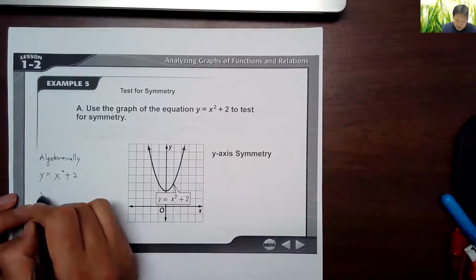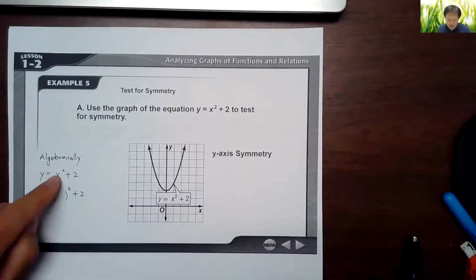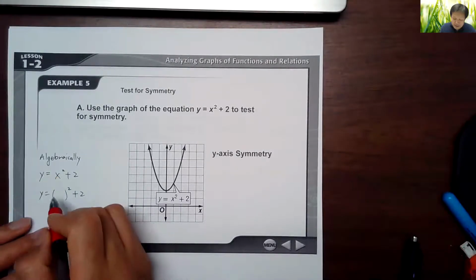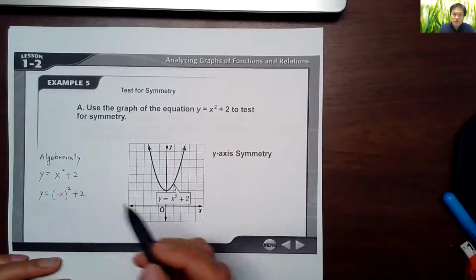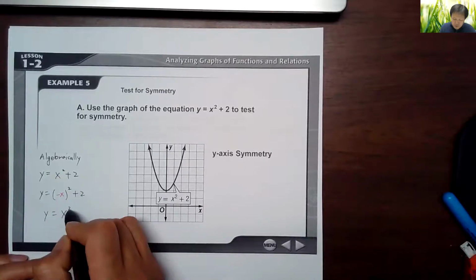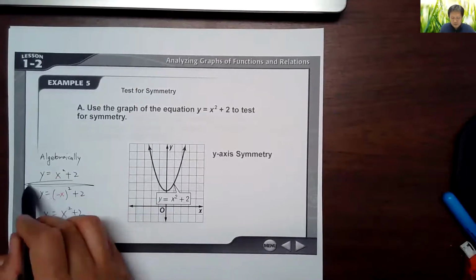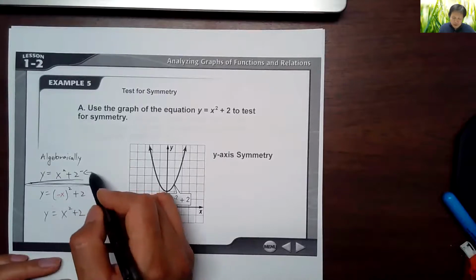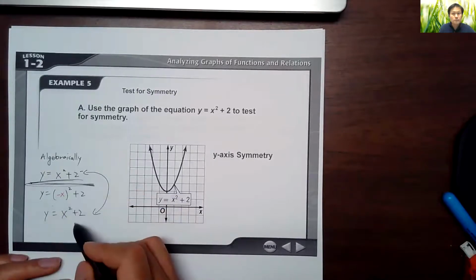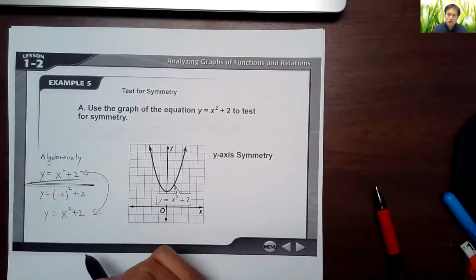Parentheses are super important. Parenthesis minus x, squared, becomes what? Just x squared, plus 2. So when you plug in minus x instead of x, you see this is exactly the same as the original. The equation did not change. That's how you show it algebraically.